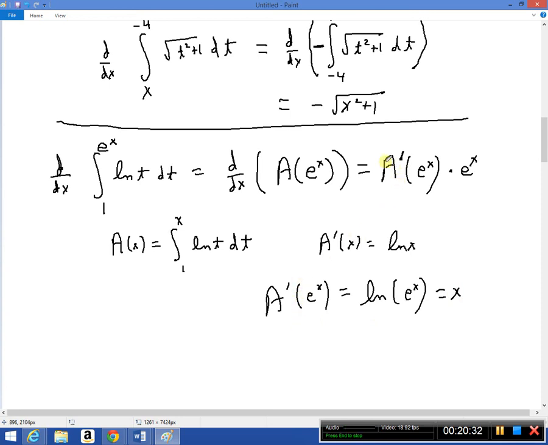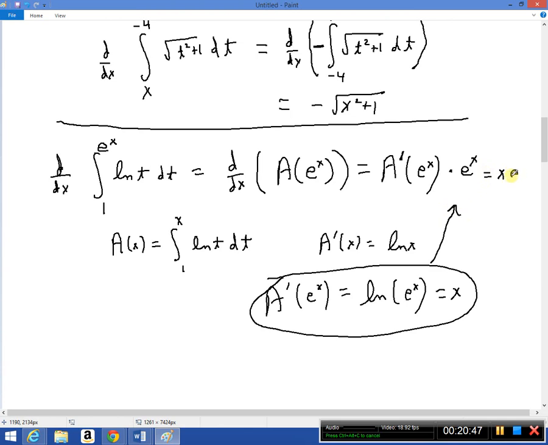So this part of it just turns into x, and then you've got an e to the x. So from here, you can say that that's just equal to x e to the x. So that's the derivative of this horrible mess.